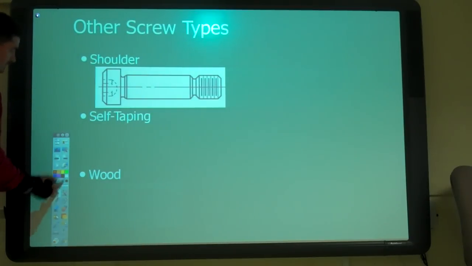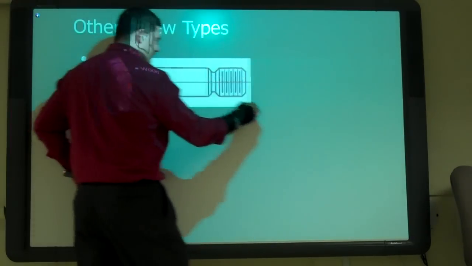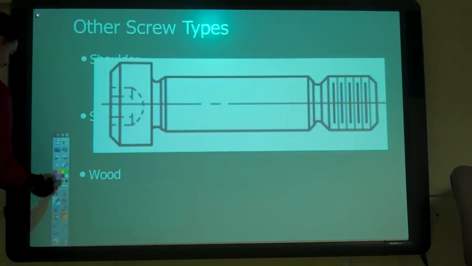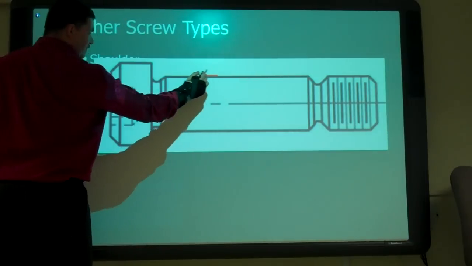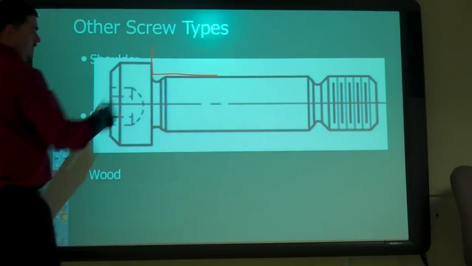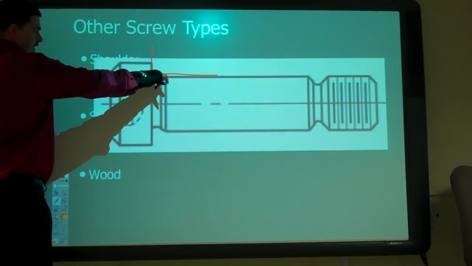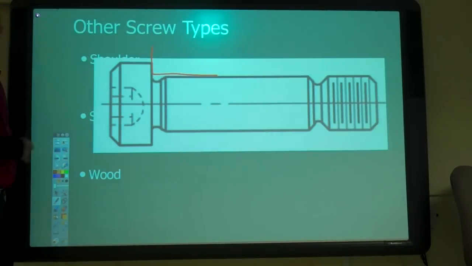So if we had another part coming on this, it's like that, right? If this part came here, what would be right there? A little fillet, right?